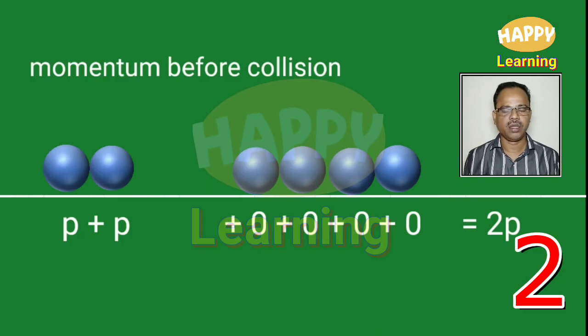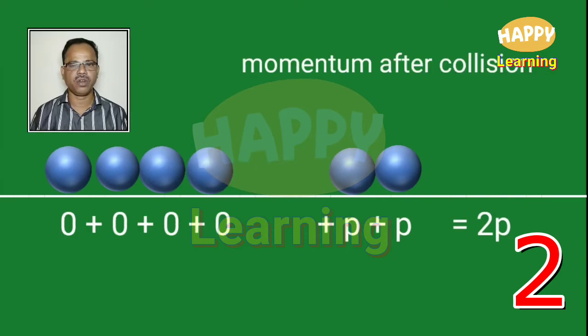Let us take the total momentum. Before collision, 2 are moving, so momentum is 2P, and after collision, momentum is 0 plus 0 plus 0 plus 0 plus P, that is equal to 2P. So total momentum before collision is equal to total momentum after collision.